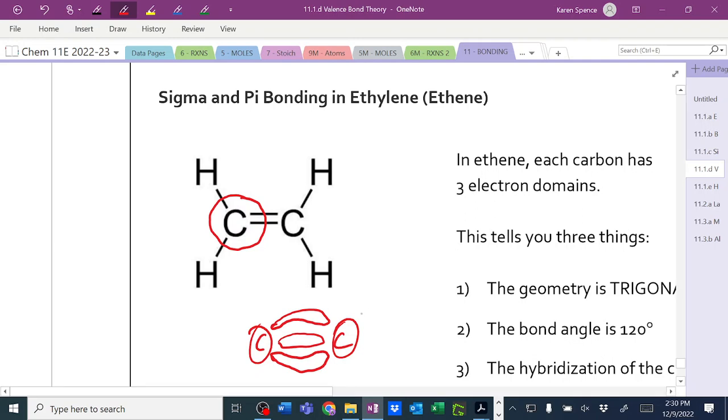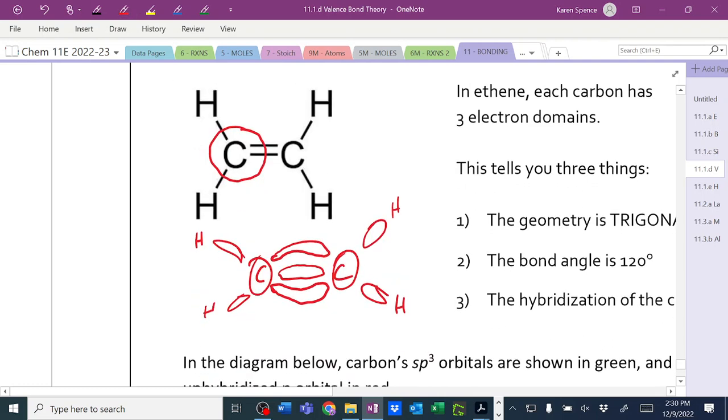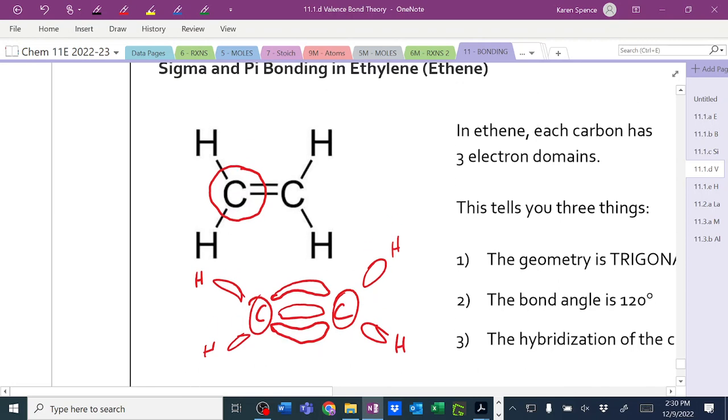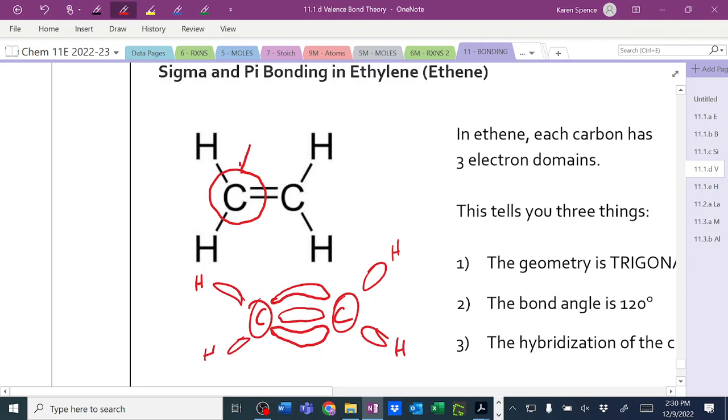And then up here, you would have your hydrogen, your hydrogen, your hydrogen, and your hydrogen. Well, we only look at the total amount of domains for a single atom at a time. So we look at this carbon and we say there are 3 electron domains.